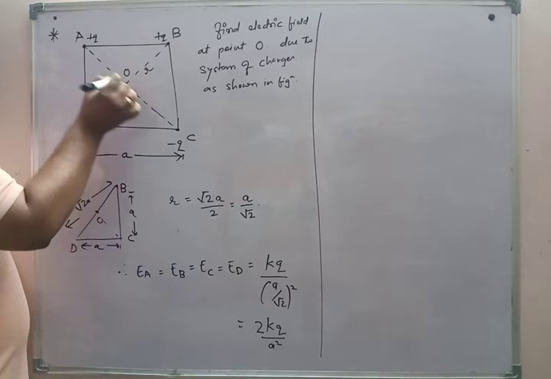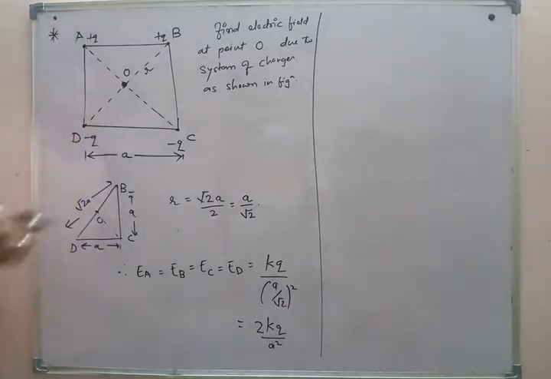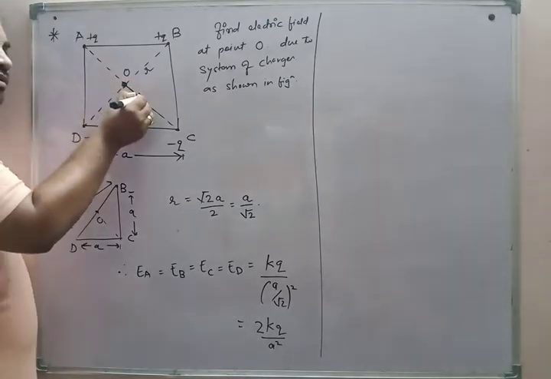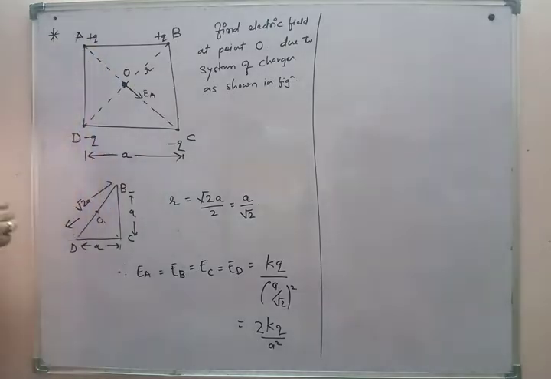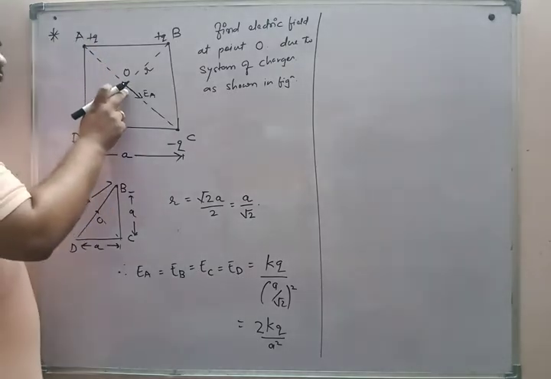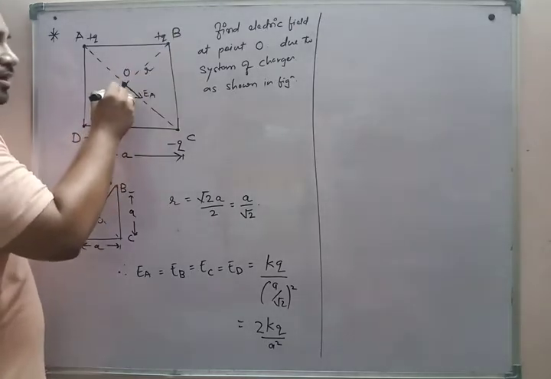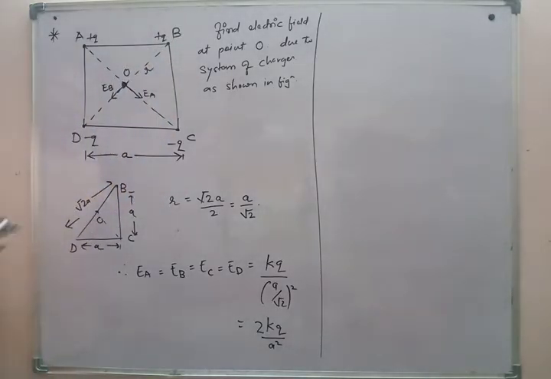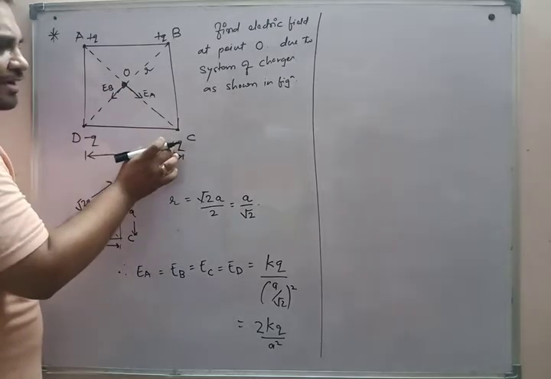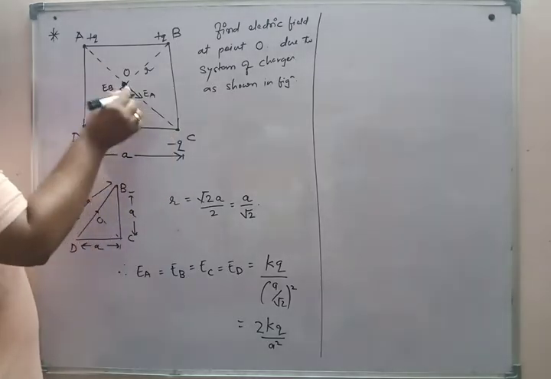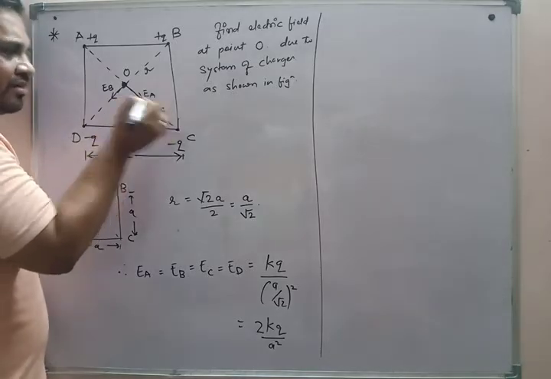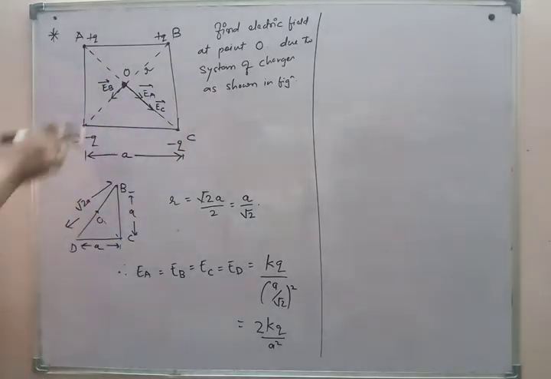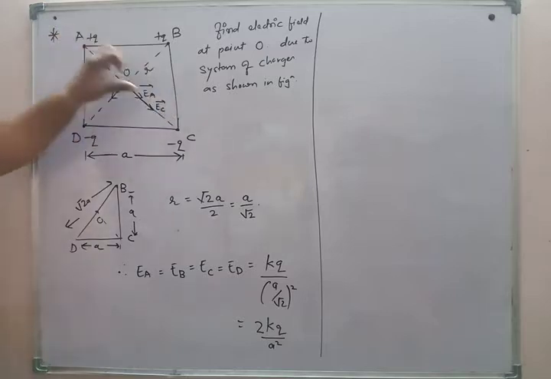The electric field at O due to the charge at A will be radially outward. This is electric field EA. The electric field at O due to the charge at B is also radially outward, because both are positive charges. Then the electric field at O due to the charge minus Q placed at C will be towards that charge, because it is a negative charge, and we have already discussed that electric field due to a negative charge is always towards that charge.